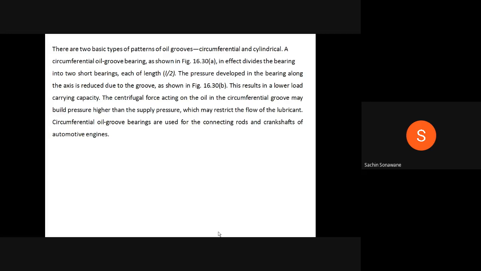The centrifugal force acting on the oil in the circumferential groove may build pressure higher than the supply pressure, which may restrict the flow of the lubricant. Circumferential oil groove bearings are used for the connecting rods and crankshafts of automotive engines.